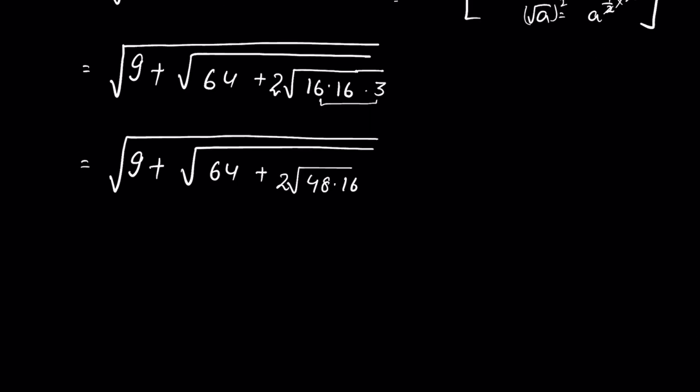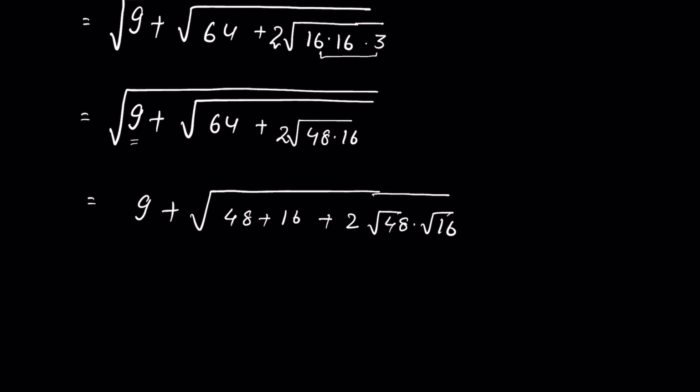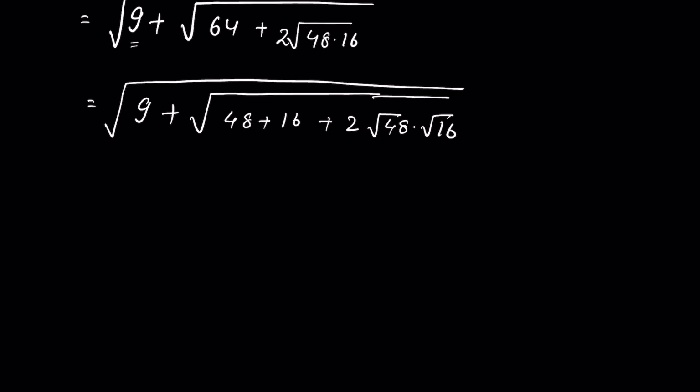Understand that unless we solve the innermost square root, we cannot go ahead and solve this. So 9 plus 64 we can write as 48 plus 16 plus 2 times square root of 48 times square root of 16, then all under square root. We just saw we can write a number as the square of its square root.